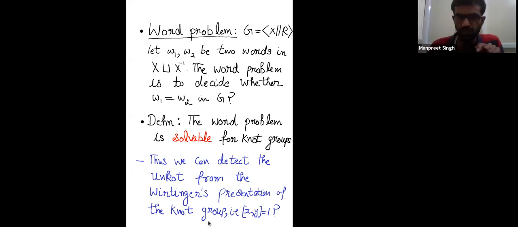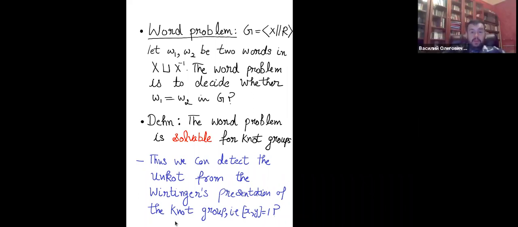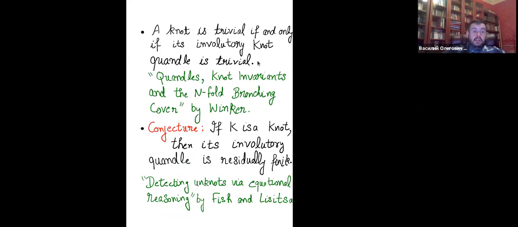Professor, I'm not able to hear you clearly. You consider groups which are generated by conjugates of meridians. Can we get nice knot invariants from simple groups?